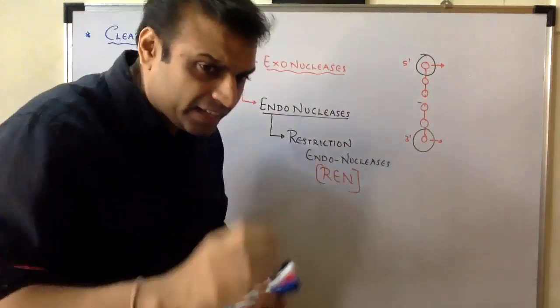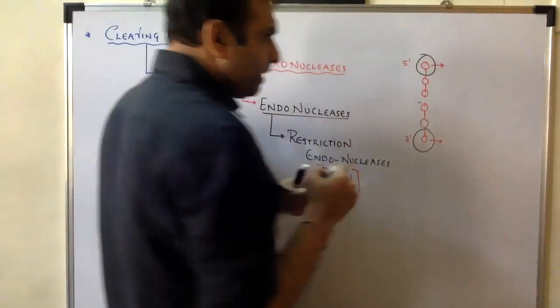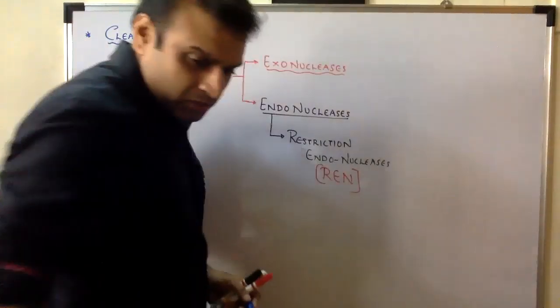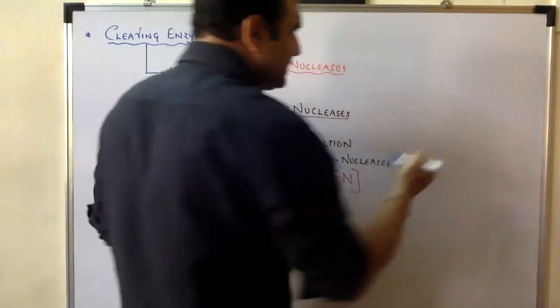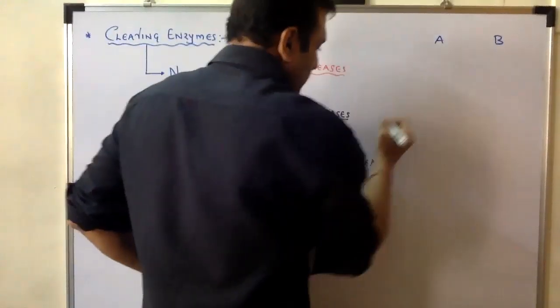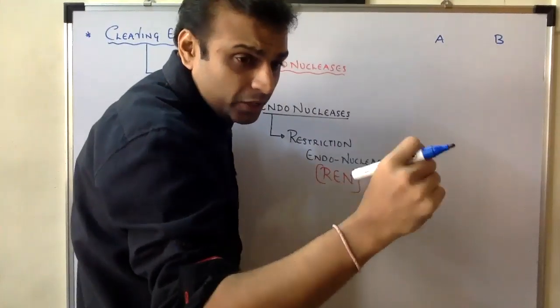Let me explain exactly what I said. Listen. Now, let us consider I am having two different DNA samples, A and B. Okay. Now, let us consider I'm having a particular REN.